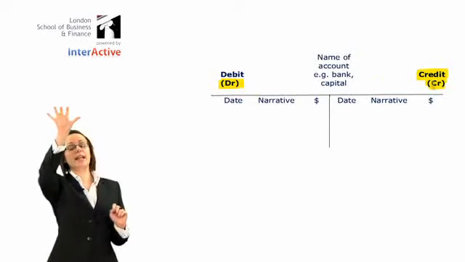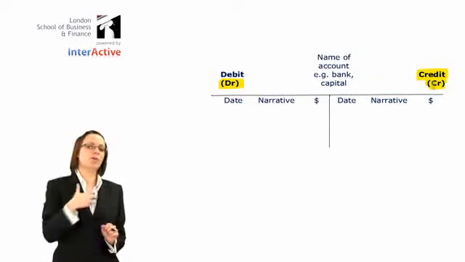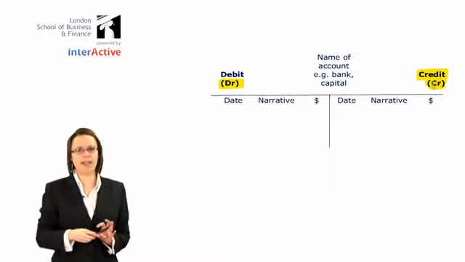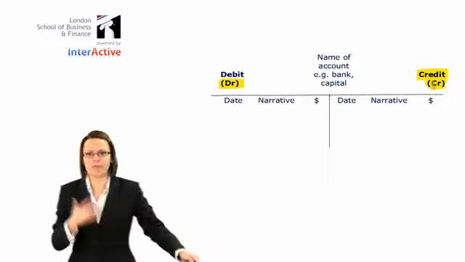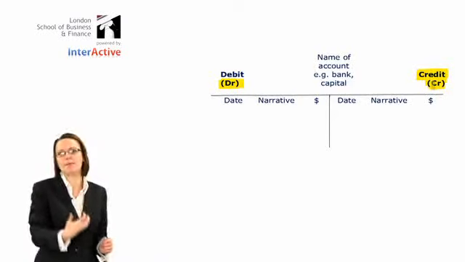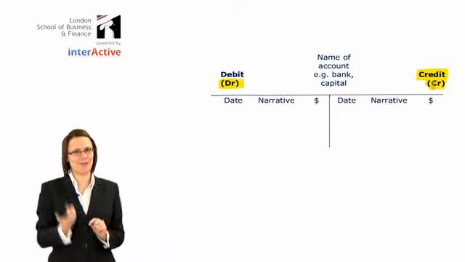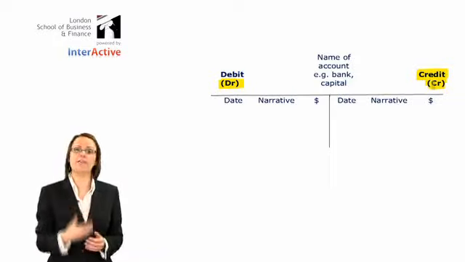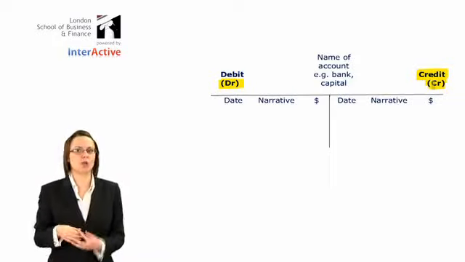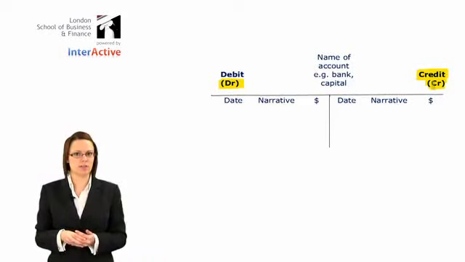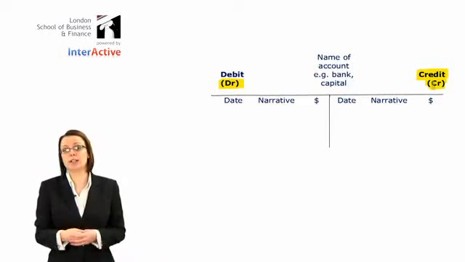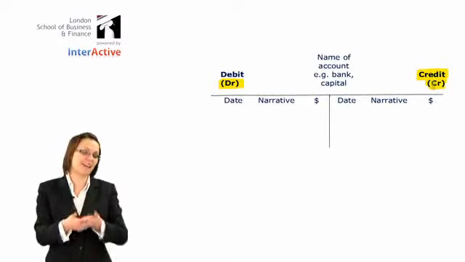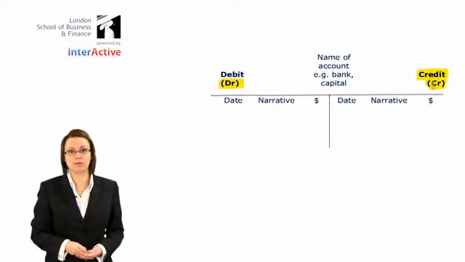Now, at the top of the ledger account, we can see that we're going to have the name of the account. So the name of every single type of asset, liability, capital, income, and expense. Okay, so for example, we could have the bank account to record all our cash at bank transactions. We'd have a capital account to record the amounts invested in the business by the owner.